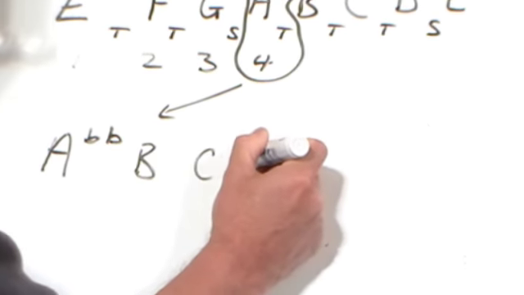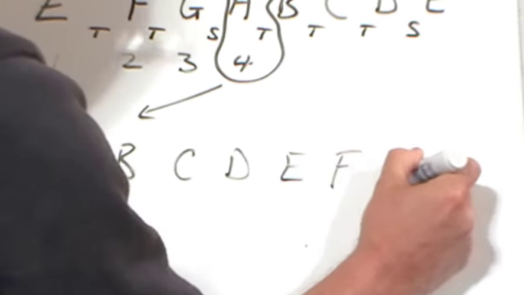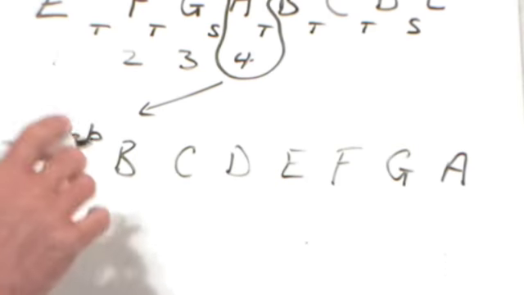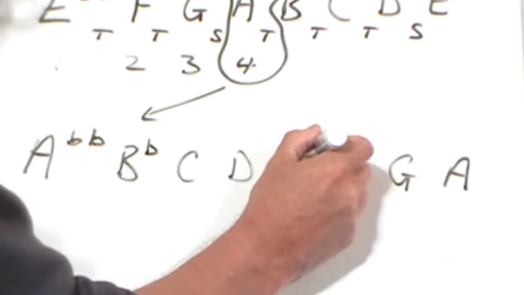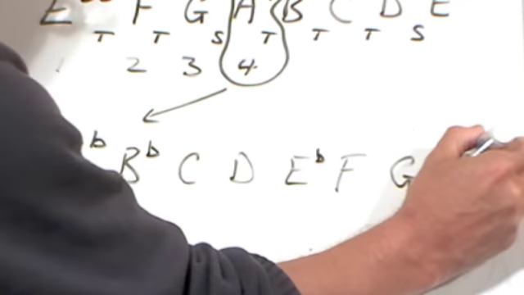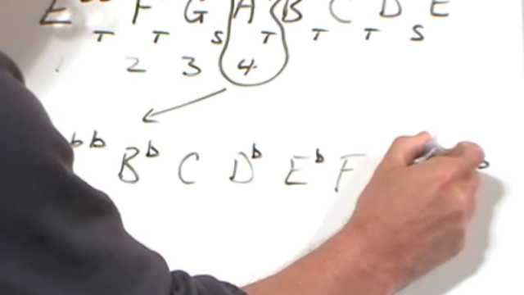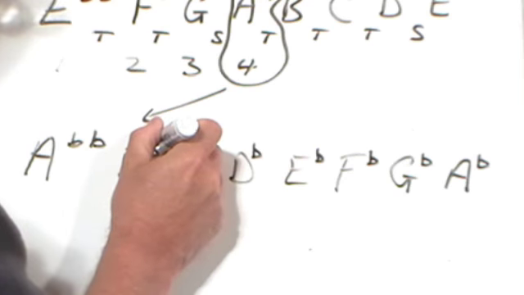B, C, D, E, F, G, A. Deliberately leaving the flats off there for now. Then we apply our mnemonic. Battle, ends, and down goes Charles' father.